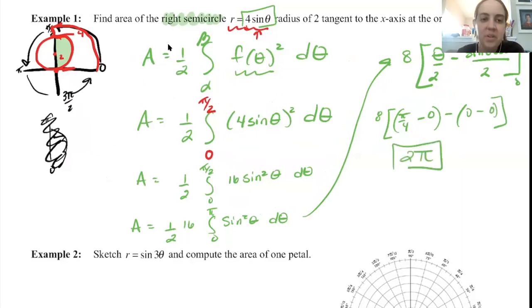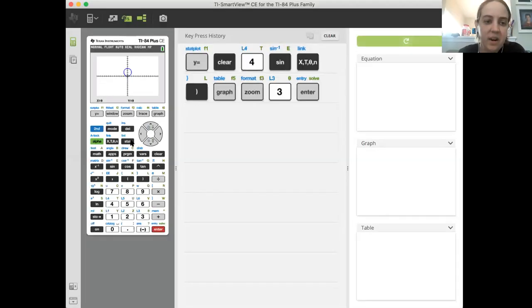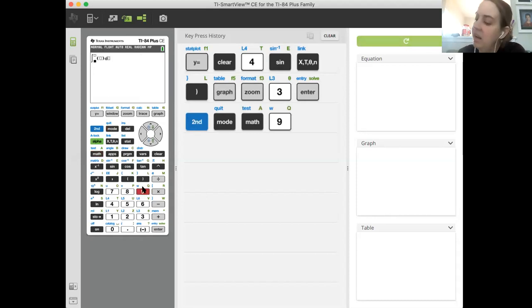Now, if I stop sharing my screen here, let's hop over to the calculator. All right, so in our calculator, let's get away from our graph. Let's do math 9. I want to integrate from 0 to pi over 2.